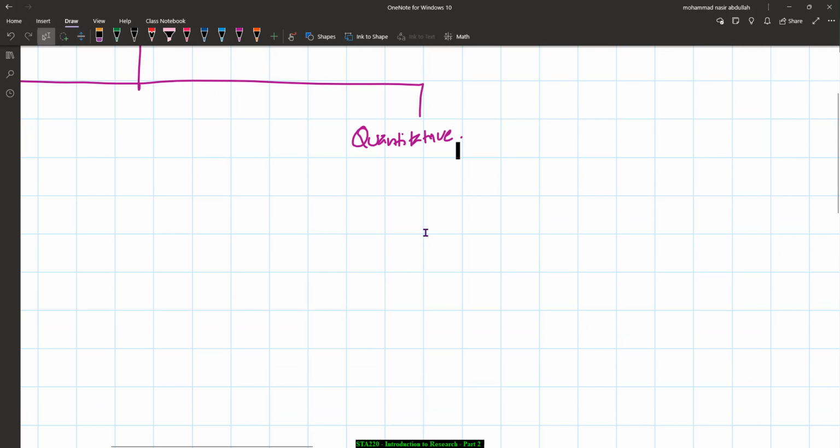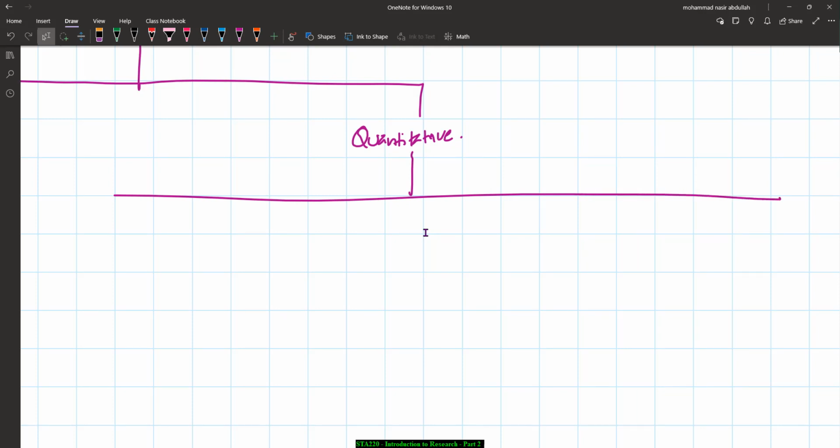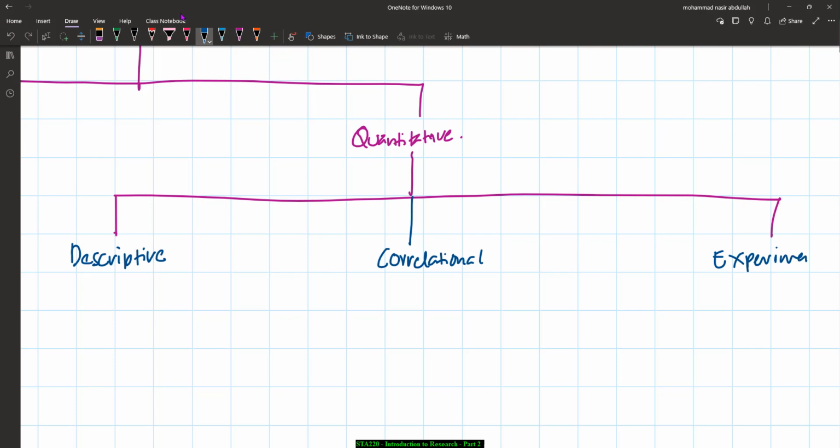So now, let me put it this way, we have 4 categories for quantitative research design. The first one is descriptive research design. Another one we have correlational research design. We have another one, experimental research design.